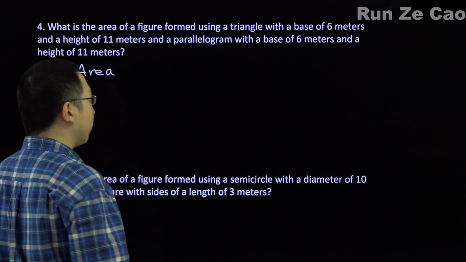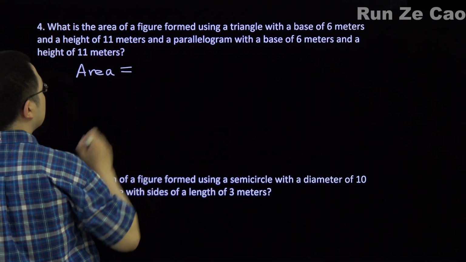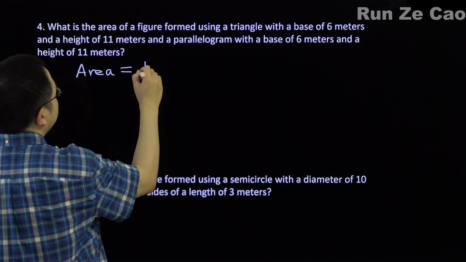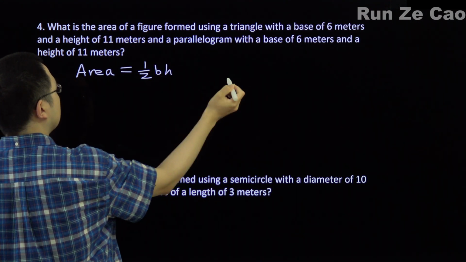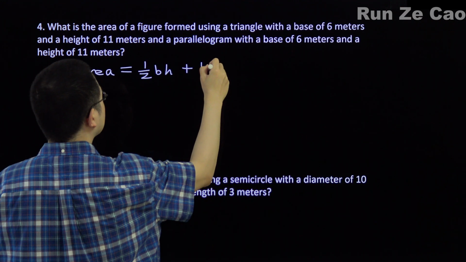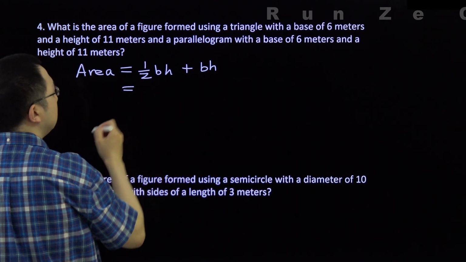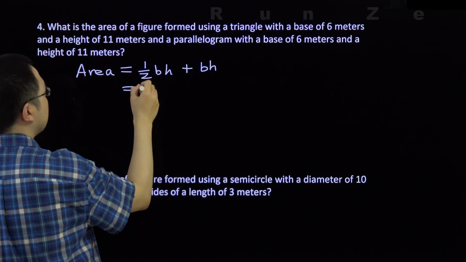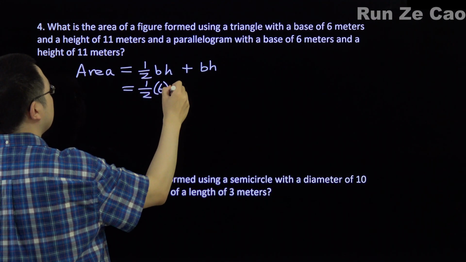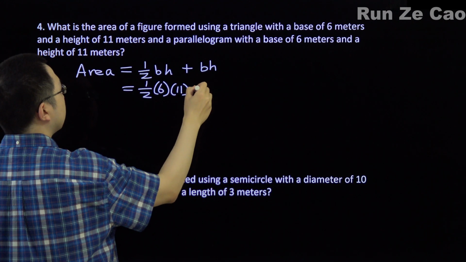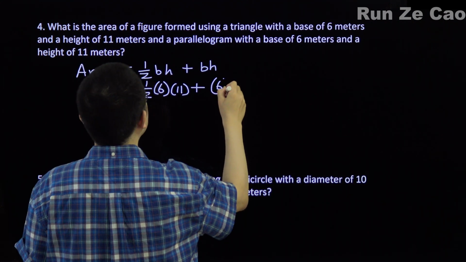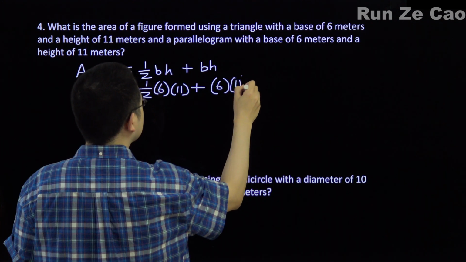Well, actually, we can start off by adding them. So the area of the triangle is 1/2 base times height, and then plus the area of the parallelogram, which is base times height. 1/2 base times height is going to be 1/2 6 times height of 11 plus base times height, that's 6 times 11.